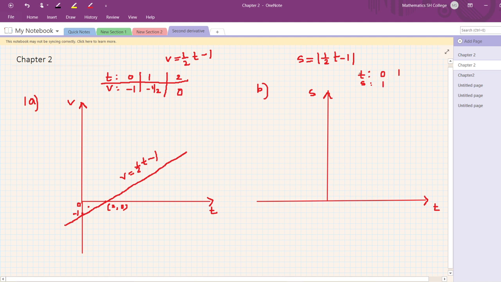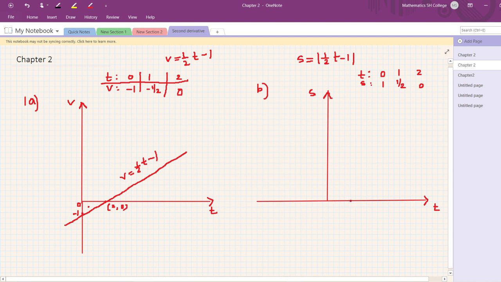When t equal to 1, S is modulus of minus half, so it is half. When t equal to 2, S is 0. Then if you need, you can plot some more points. Here I am doing only this much.